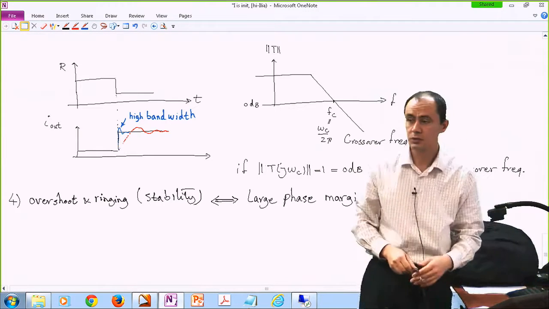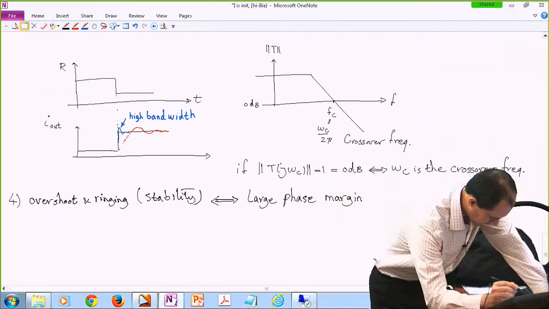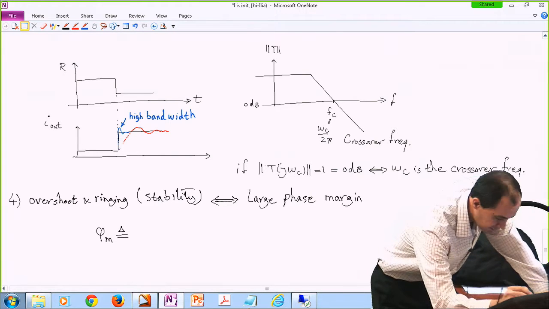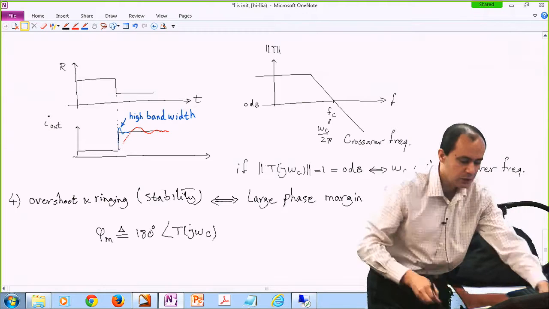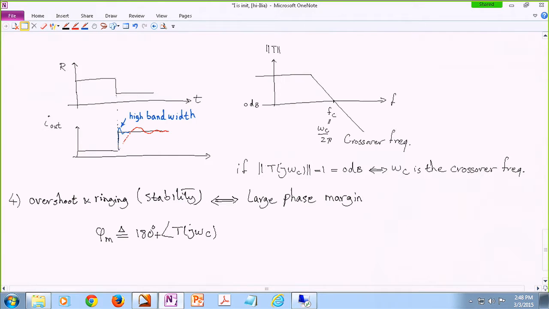If you are curious about what phase margin is and how it is defined, phase margin is defined as the angle of the loop gain evaluated at the crossover frequency plus 180 degrees. So this is the technical definition of the phase margin.